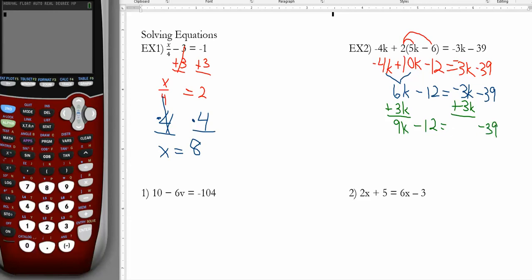So we have to do the inverse operation. Honestly, we've come back to the same point where we were with example 1. We've just got this constant term, so we have to undo it. So instead of minus, we add.